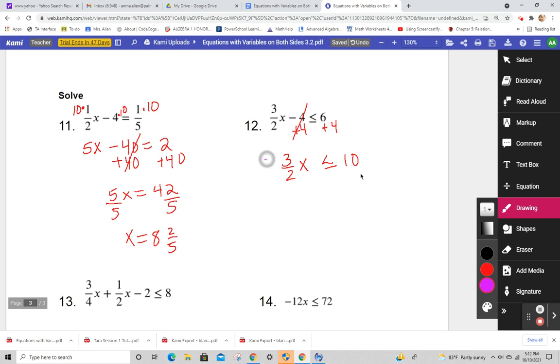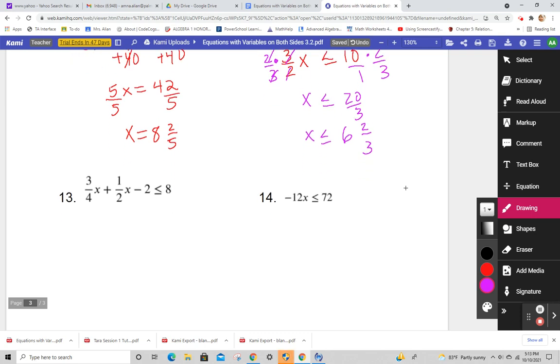Multiply both sides by the reciprocal. The 3's cross cancel, the 2's cross cancel. X is less than or equal to 20 divided by 3. X is less than or equal to, well, 3 goes into 20 6 times, because 6 times 3 is 18. We take 18 from the top, you're still left with 2 over 3. And we don't have to flip anything because we multiplied by a positive coefficient.